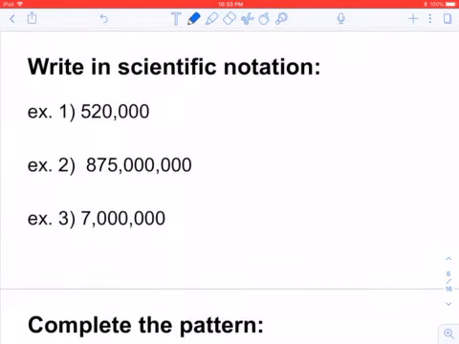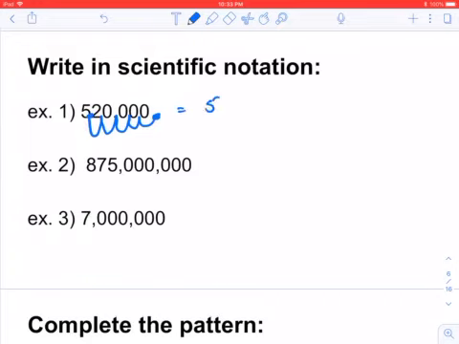So if we have 520,000, it's a whole number. Its decimal would be located here. We want the decimal to end up moved so many places that we end up with a number between 1 and 10. So we can move it over 1, 2, 3, 4, 5 spots and have it land between the 5 and the 2.